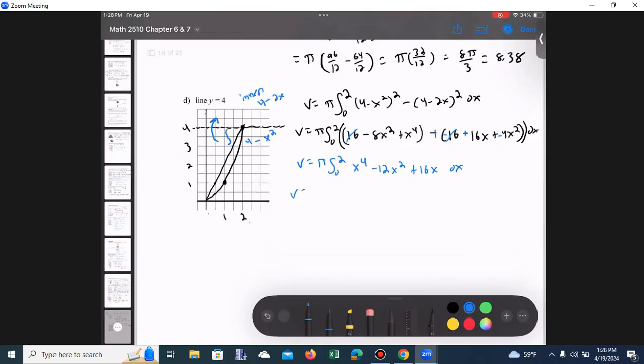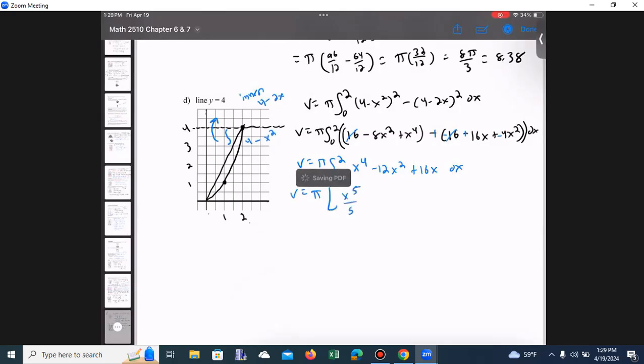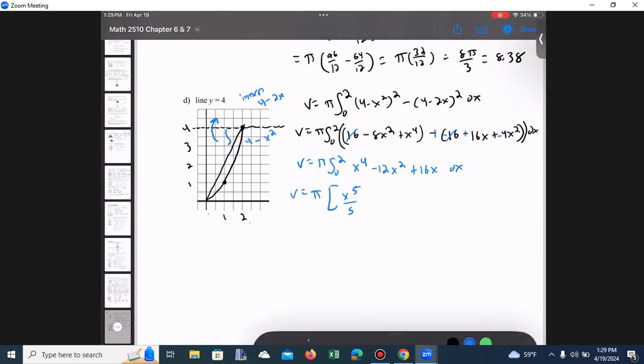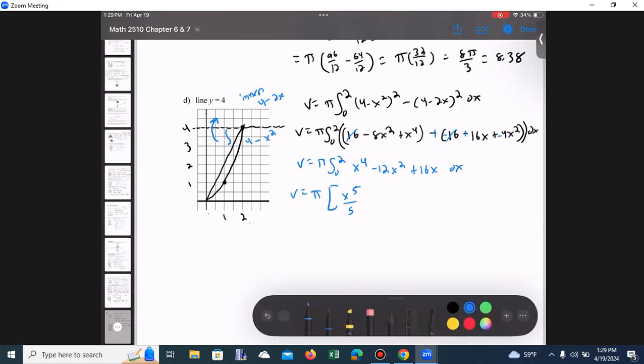The volume is pi 0 to 2. Well, I don't want to write that out. I want to take the antiderivative. So x to the fifth over 5 minus 4x cubed plus 8x squared.